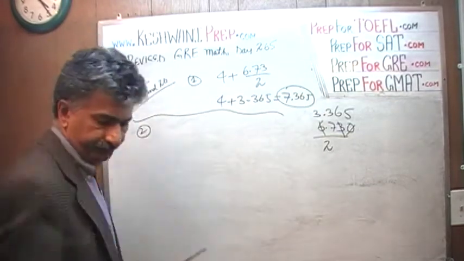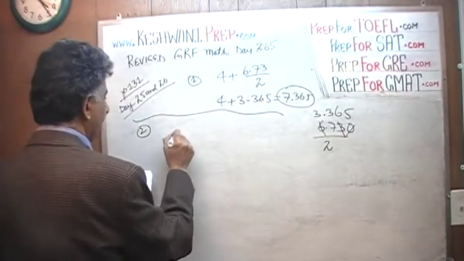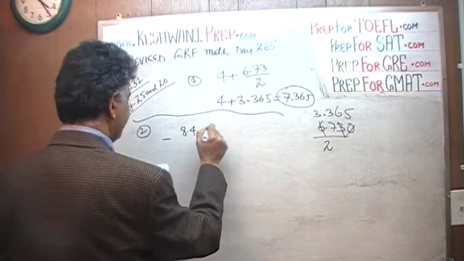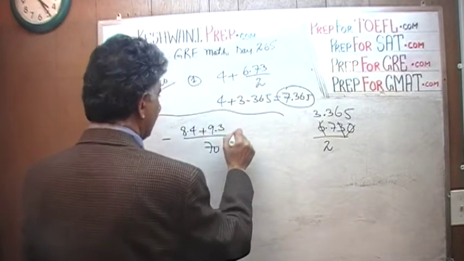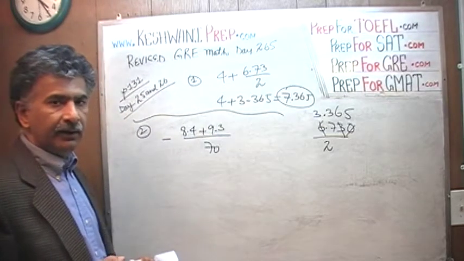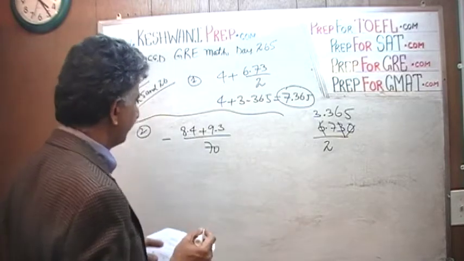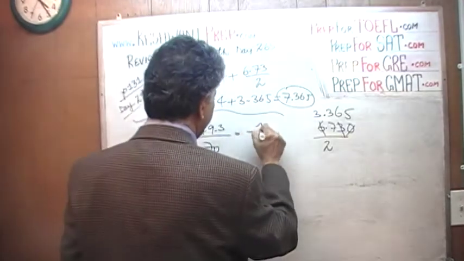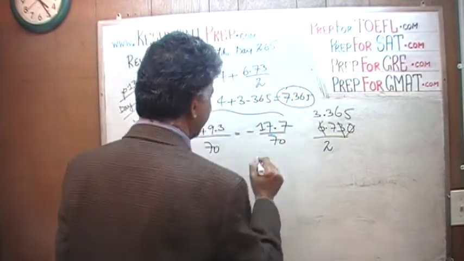Number 2. We are told, is negative of 8.4 plus 9.3 over 70. 8 plus 9 is 17, so it's negative 17.7 over 70.